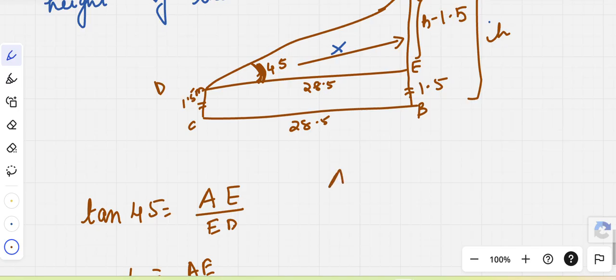So automatically your AE becomes 28.5. Correct? So what is the height of your tower? 28.5 plus 1.5, which is 30 meters. Is that okay? Did you all get it? Yes, ma'am.